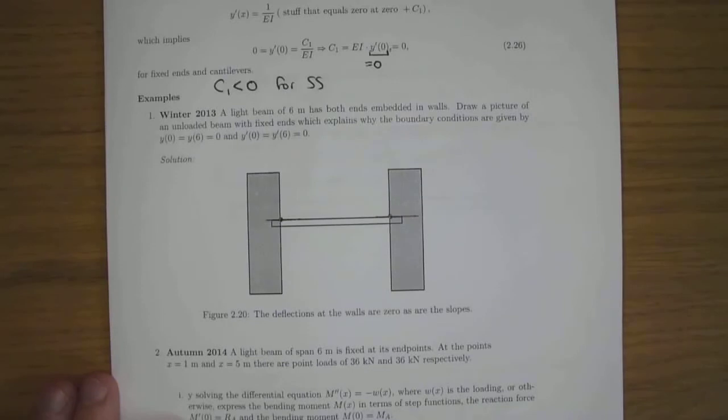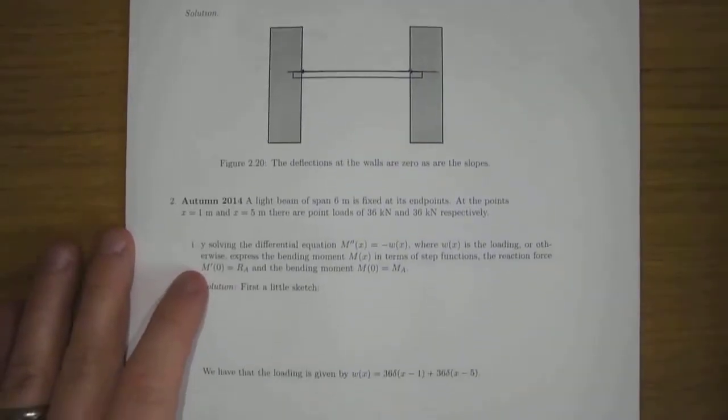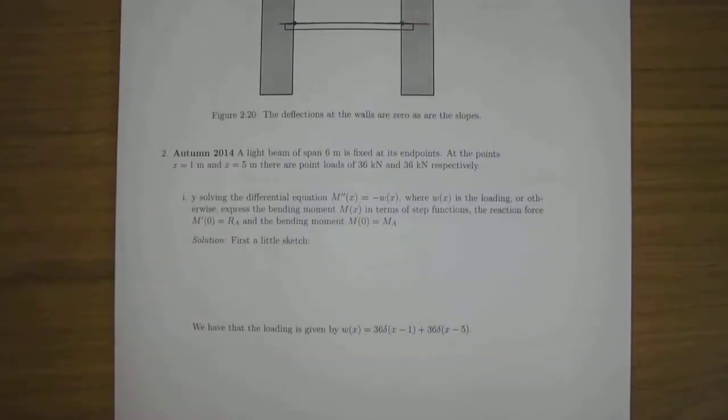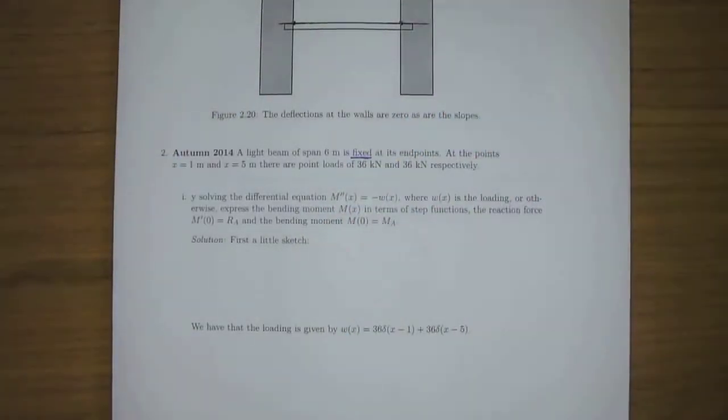Okay, now let's do a proper example. Look at here. A light beam of span 6 meters is fixed, so you'll have to hone in on this, at its endpoints. At points 1 and 5, there are point loads of 36 and 36. So they're both 36, and you might notice there's a symmetry here.